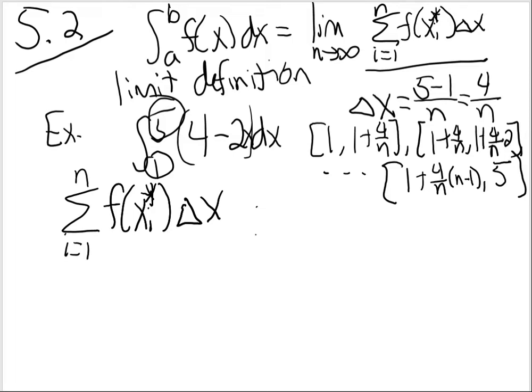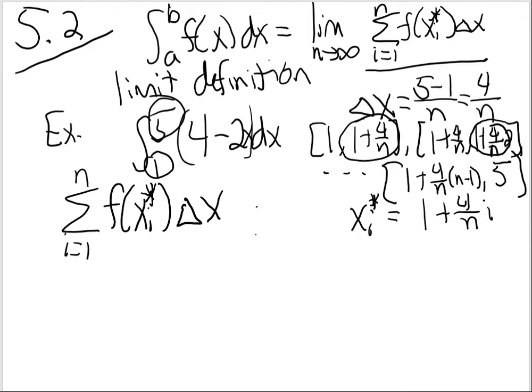What am I going to choose for my test points? Well, personally, I would suggest, when using the limit definition, to choose the right test points, because they tend to work out nicely. So my xi star is going to be 1 plus 4 over n times i.